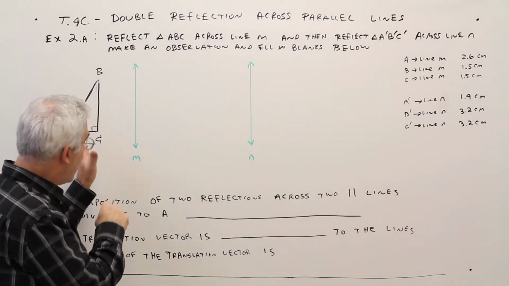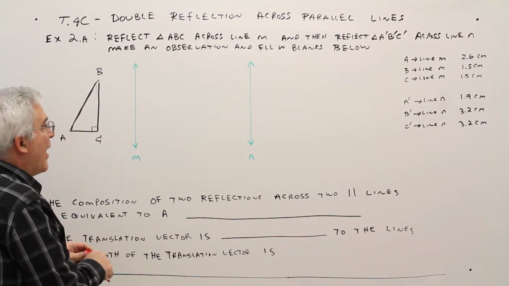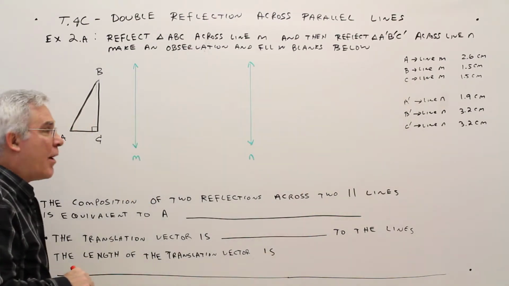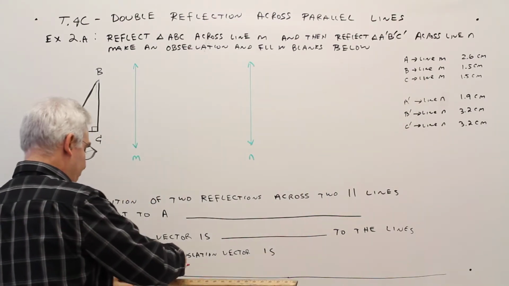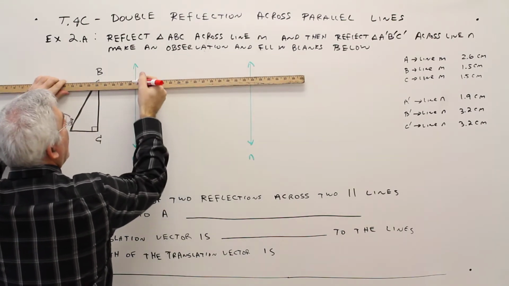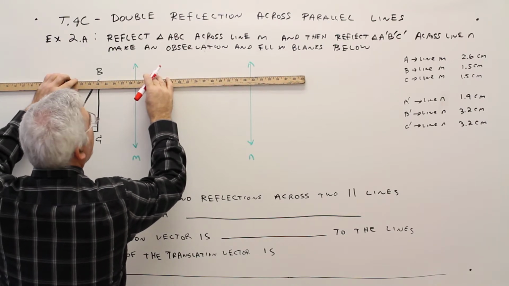So step one, to do a reflection, what we're going to do is make helper lines. Let's make the helper lines go all the way across, and you'll understand why later. Once again, just lining up your ruler such that a long division line is parallel to those lines of reflection.